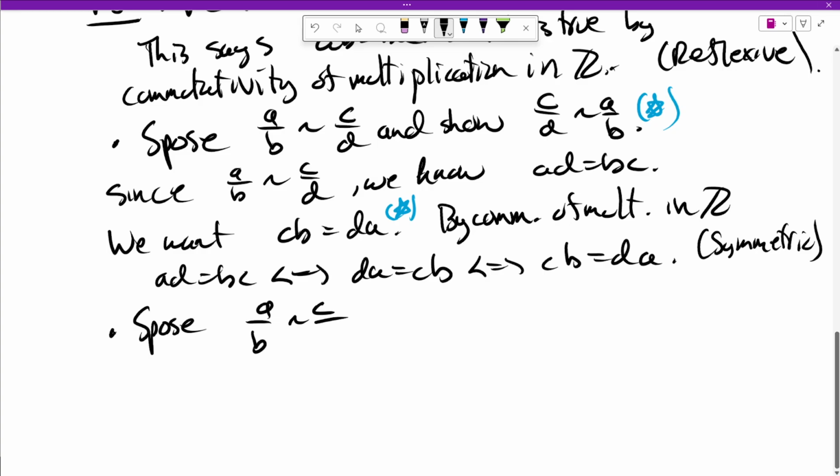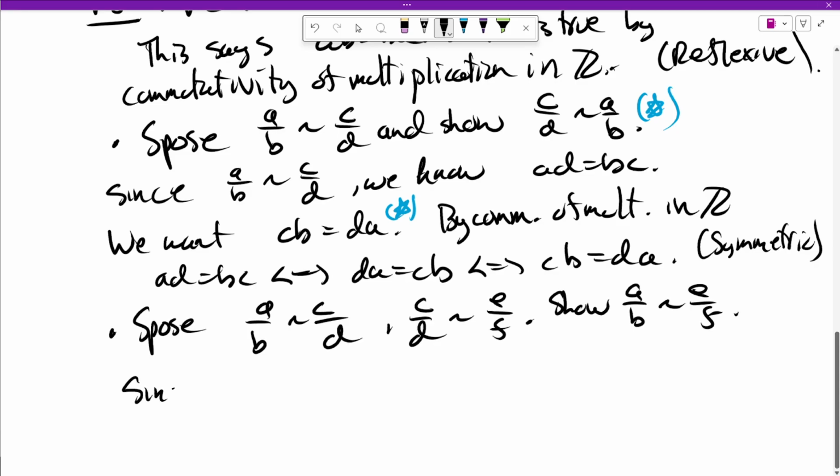So we're going to suppose A over B is the same as C over D, and C over D is related to E over F. We need to show that A over B is related to E over F. So let's write out what our hypothesis is telling us.